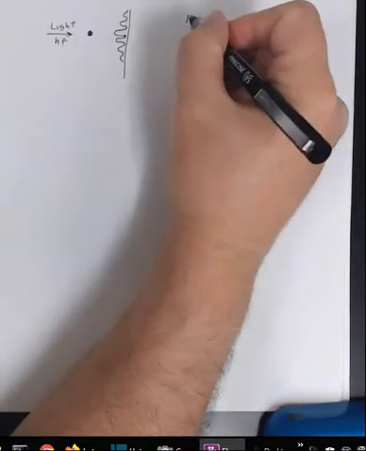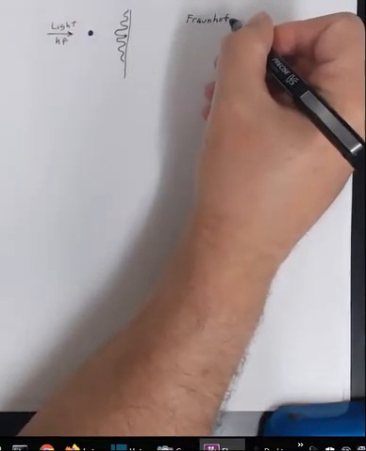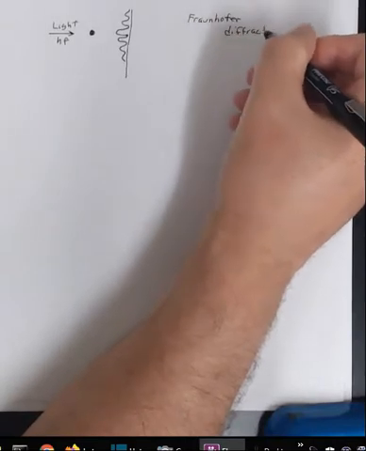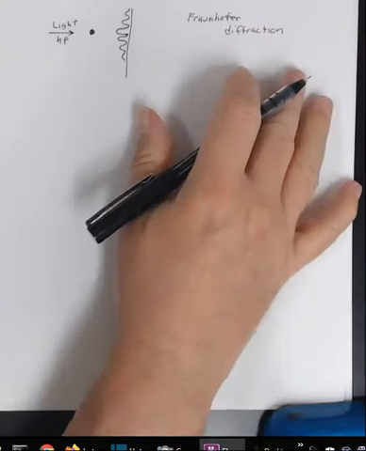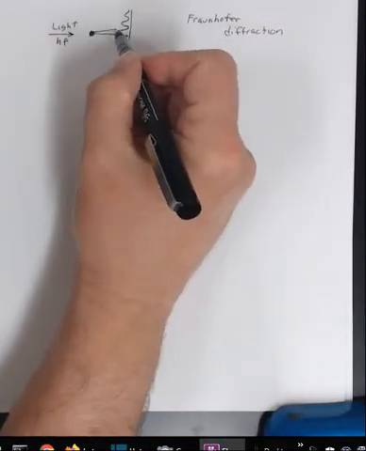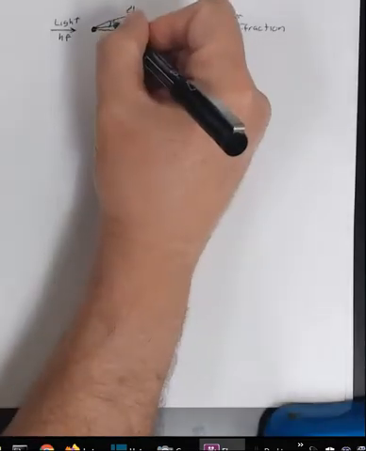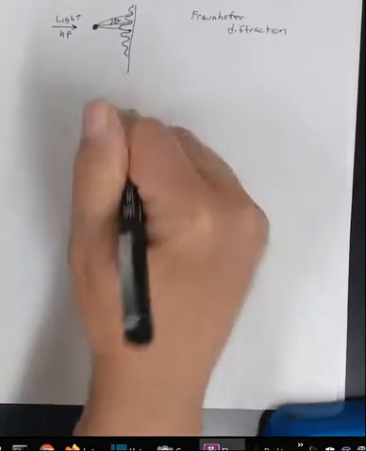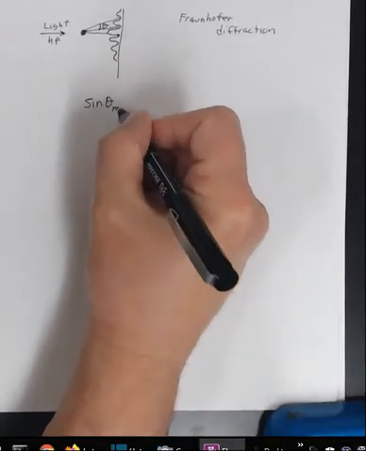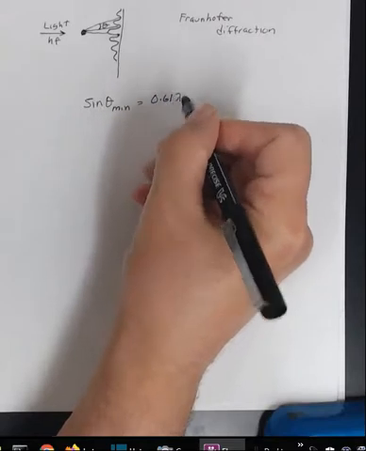It's called Fraunhofer diffraction. And if you measure from the target some angle to where you have dark fringes, so here's some angle theta for the minimums, there's a formula: sine theta for the minimum is equal to 0.61 times the wavelength of your light.